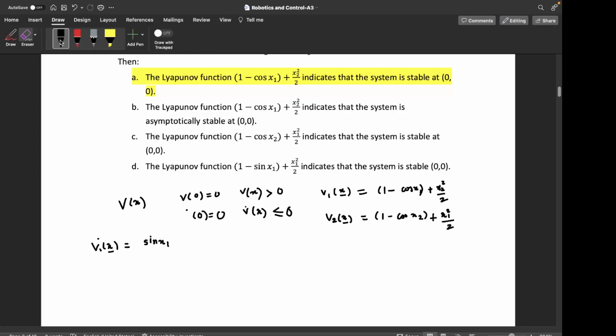Keep in mind that while differentiating, we first differentiate with respect to the variables, here x1 and x2, and then differentiate them with respect to time also, because we are differentiating v with respect to time. So sine x1 into x1 dot plus x2.